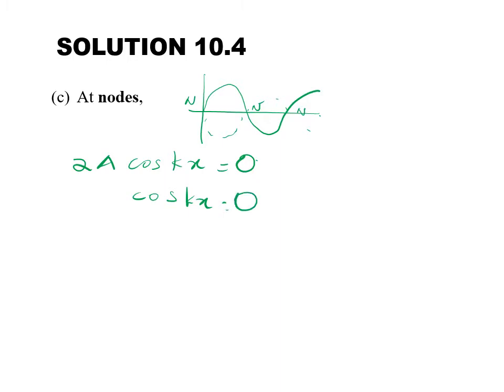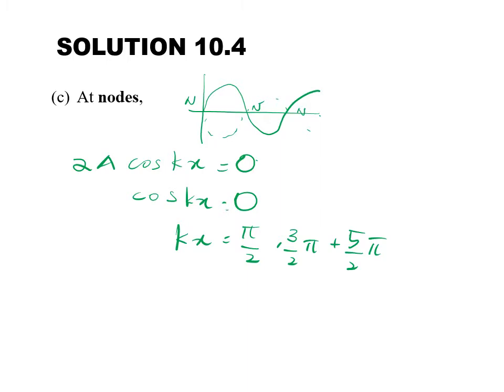From here, kx equals shift cos. You start with shift cos 0, which is equal to pi over 2. And then pi over 2 plus pi, you'll get 3/2 pi, plus pi again, you'll get 5/2 pi. So from here, we want the value of x, right?